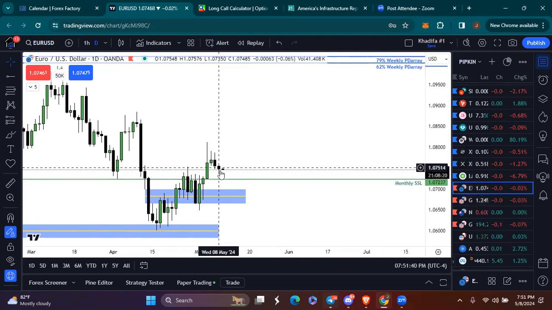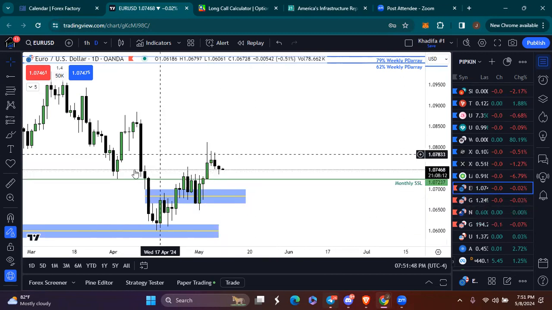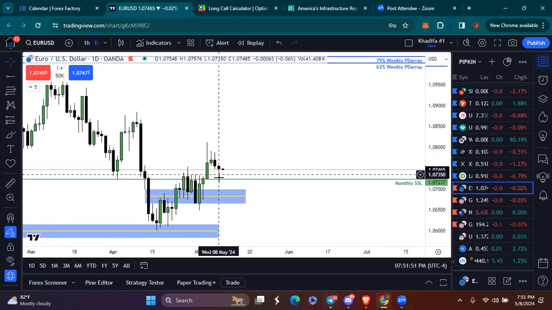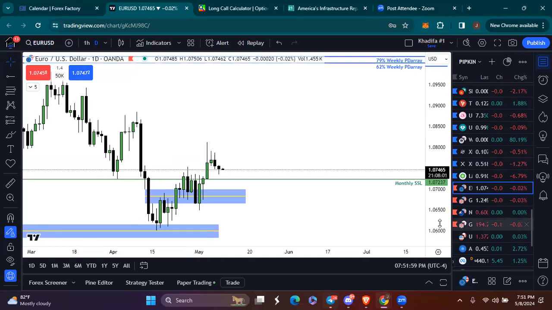So I would have to execute my trade according to my 2% risk management rule. Whatever yours is, that's what your risk management would be on this execution, and this would be my TP.